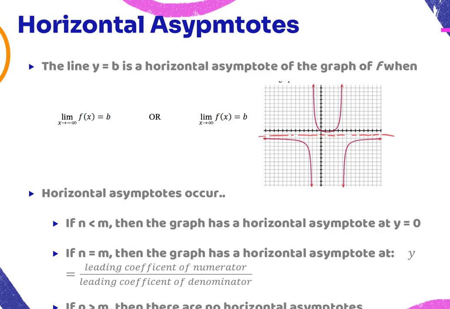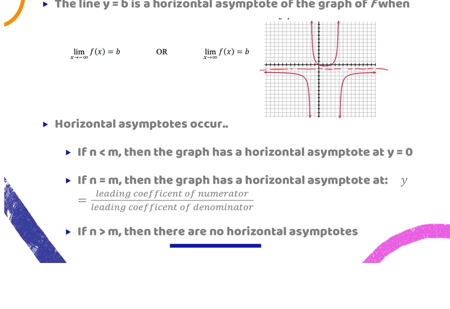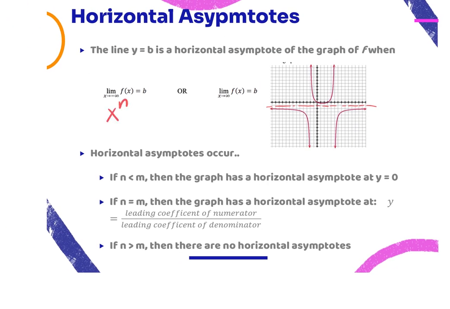Yeah. All right, so here's the 3 scenarios with your horizontal asymptotes. First, and this is based on the highest exponent in the numerator and the highest exponent in the denominator. So in my function, it could have a bunch of different terms after, but the n is the highest exponent in the numerator, and the m is the highest exponent in the denominator.